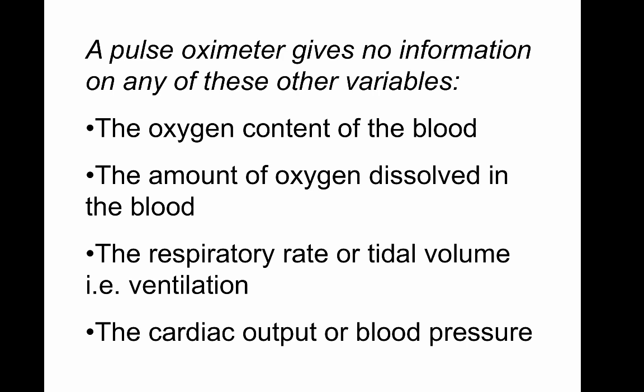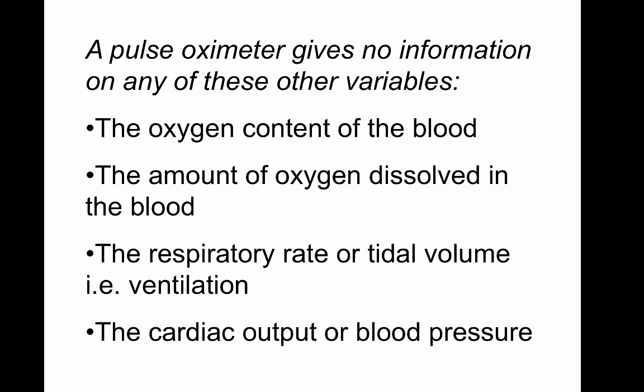So again, pulse oximeter gives no information on the oxygen content of the blood. It's not telling us what the hemoglobin level is. It's not telling us the amount of oxygen dissolved in the blood. It just gives us a rough idea. If it's 100%, we know it's a PO2 of 90 or above. It doesn't tell us about respiratory rate or tidal volume.